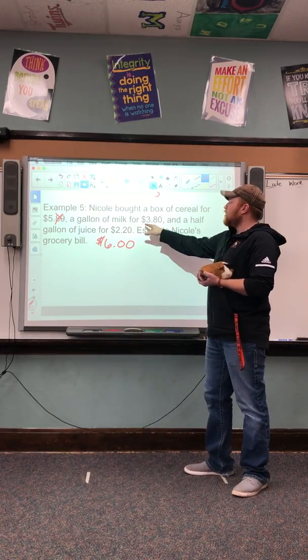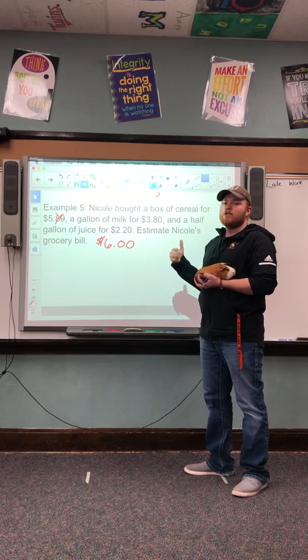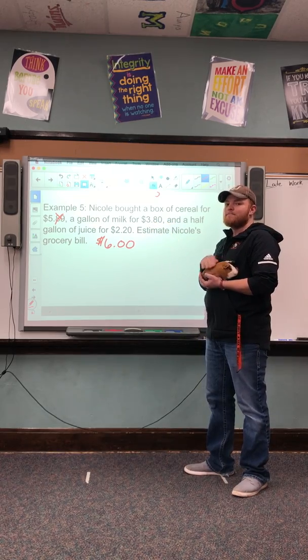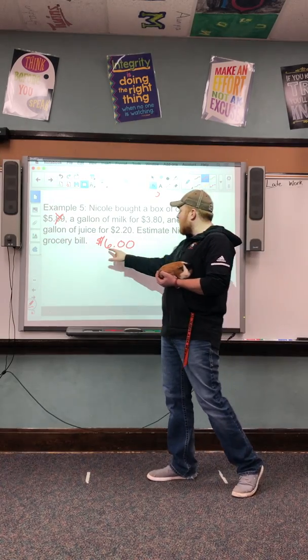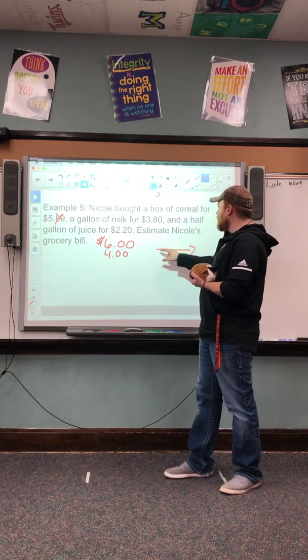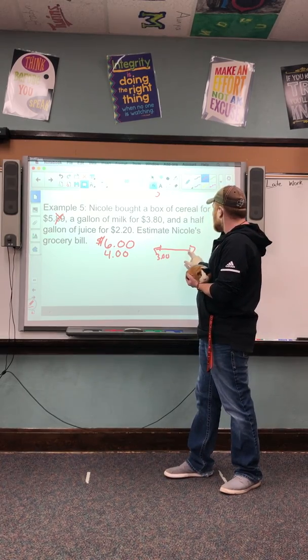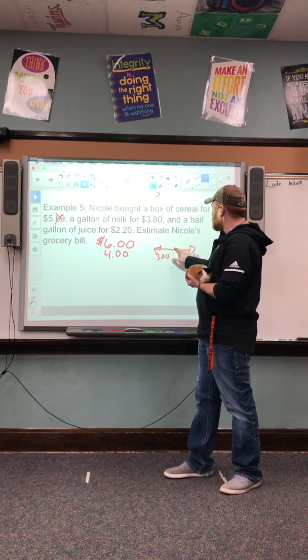A gallon of milk for $3.80. What would $3.80 rounded to the nearest whole number be? That'd be $4. Because if you have it on the number line, $3.80 falls in between $3 and $4, and since it's higher than $3.50, we would round up.